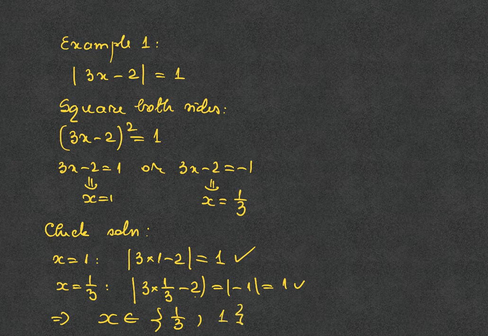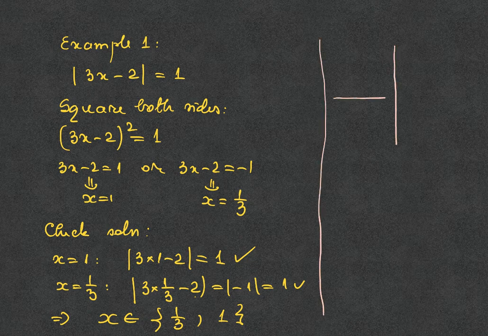Some people prefer to solve this equation using graphs. So if I am to graph y equals absolute value of 3x minus 2, I first graph y equals 3x minus 2. And that looks something like this. Therefore, the absolute value function is here.